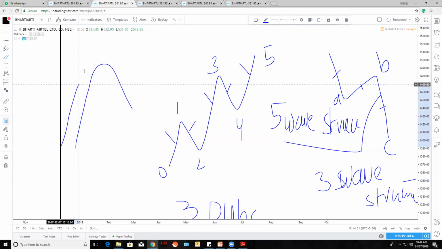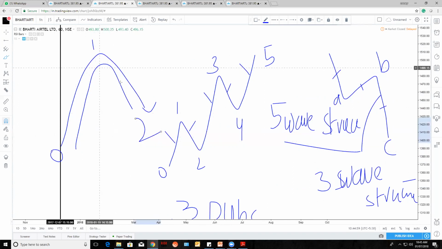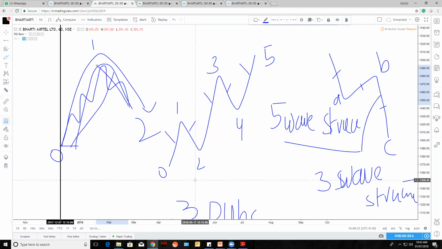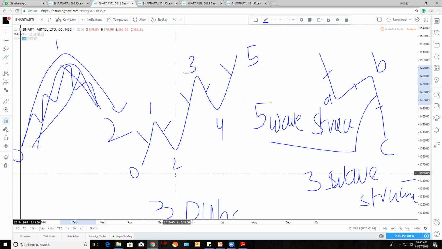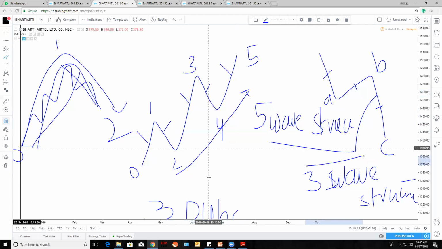This total wave of impulse and correction we call one cycle. From 0, let's say 1, this is 2, this completes one cycle of Elliott wave in a smaller time frame. Let's say here it is making 1, 2, 3, 4, 5, and a little ABC. So this is one wave, one impulse followed by a correction. An impulse wave is a 5-wave structure and a corrective wave is a 3-wave structure.